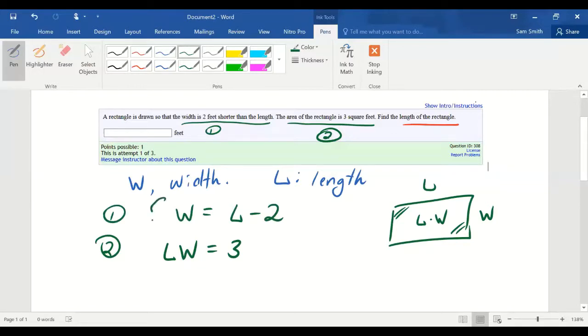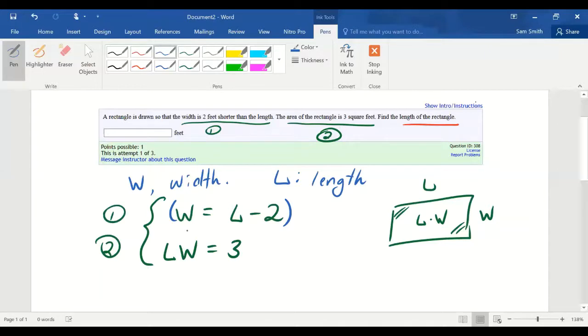Now, both of these equations are supposed to be true at the same time for the same rectangle. So I'm going to use a bracket to indicate that these are a system. We want both of these to be true at once. And to solve that system, I think that this one is ripe for solving by substitution.